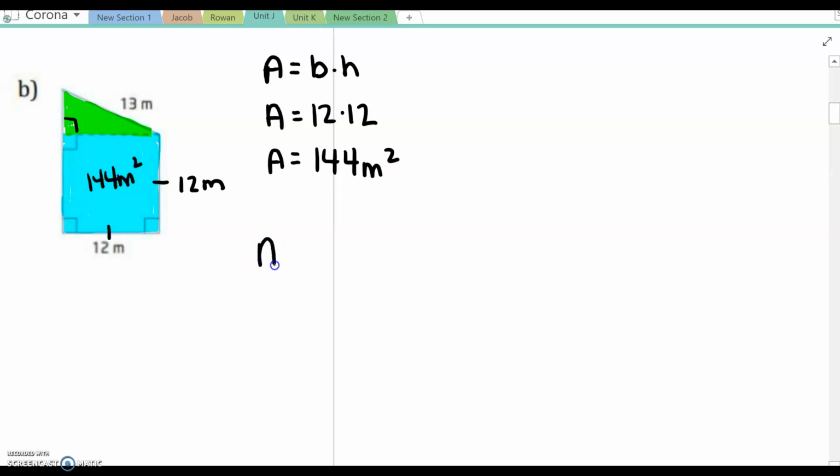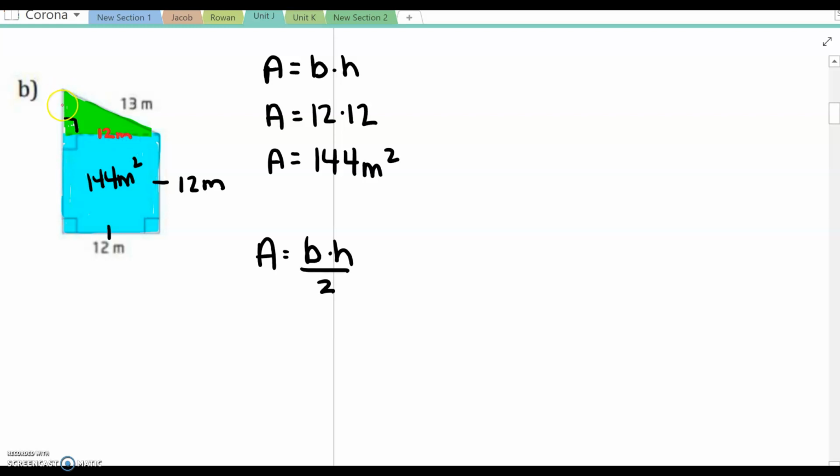The triangle, base times height divided by 2. We have a hypotenuse of 13, but that is neither the base nor the height. The base, this part right here, I can see is also 12 if this is a square.